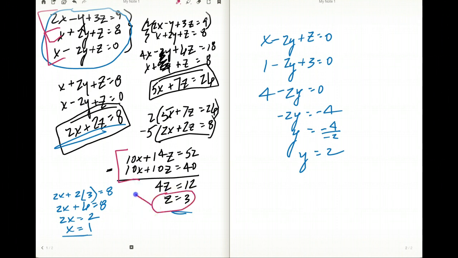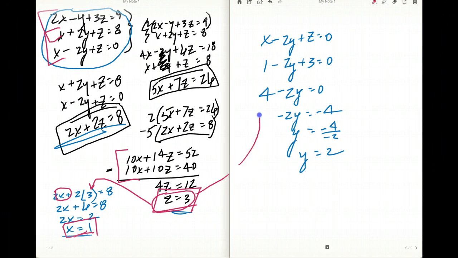Take that one variable, plug it in to an equation that has two variables so that you can find this variable. Once you do that, you've got two variables found, this one and this one. Take those and plug them in right here into one of the equations with three variables to find the third variable, and you be done.